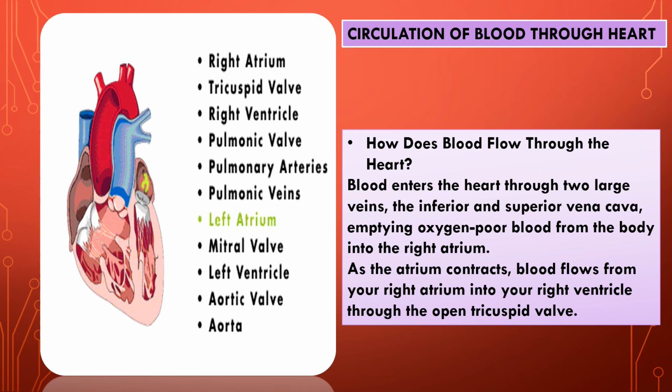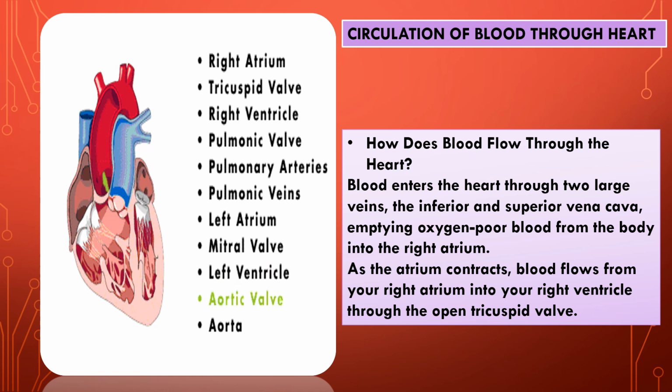See the diagram. Total circulation of blood in the heart has been shown. First comes to right atrium. Follow the arrow as well as these captions. First right atrium, next through tricuspid valve, it enters into right ventricle.